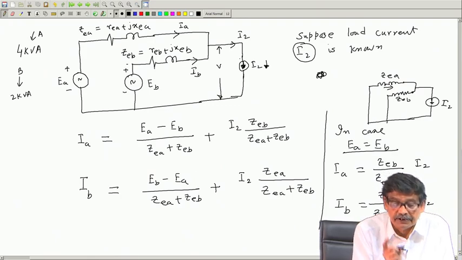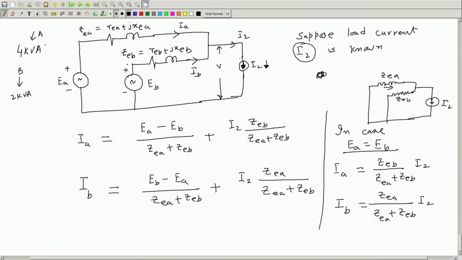The kVA ratings may be different, and the voltage rating of this transformer is suppose 400/200 volt, and the voltage rating of this transformer is also the same, 400 volt by 200 volt, and I am looking at things from the 200 volt side, that is, the load side.